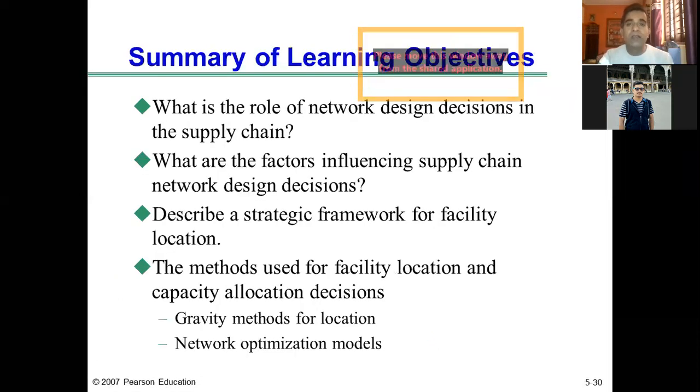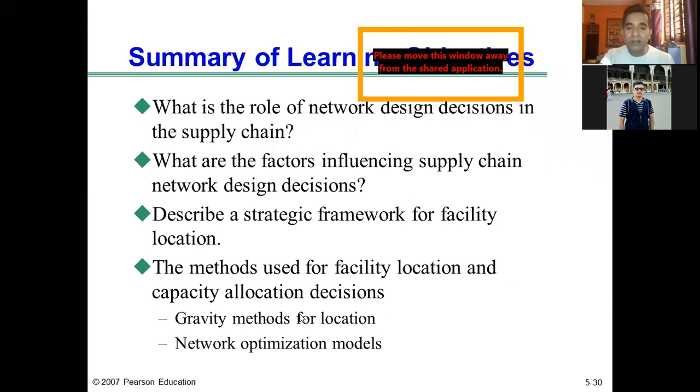So that's a summary of what we learned. What is the role of network design decisions in the supply chain? What are the factors influencing supply chain network design decisions? We learned a strategic framework for facility location, then the methods used for facility location and capacity allocation.